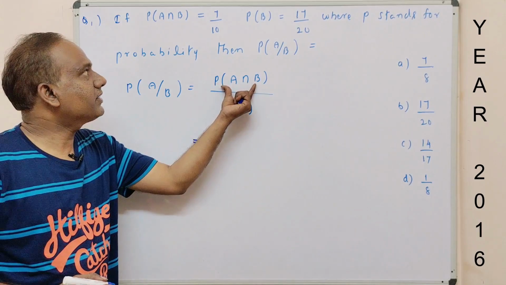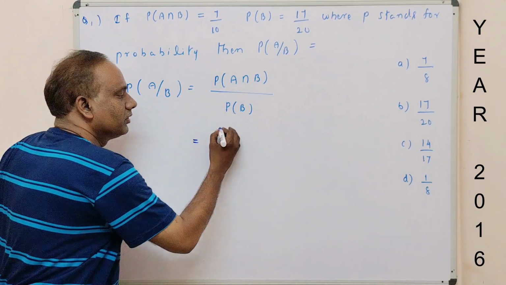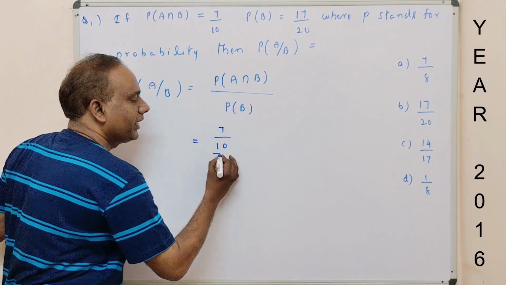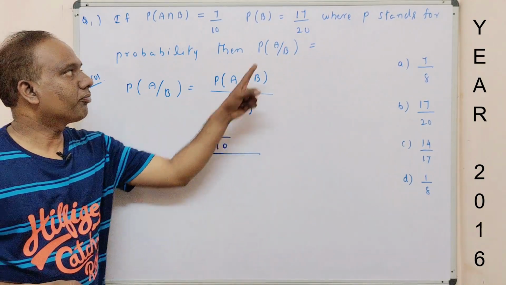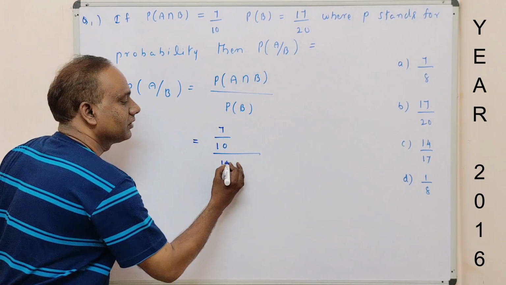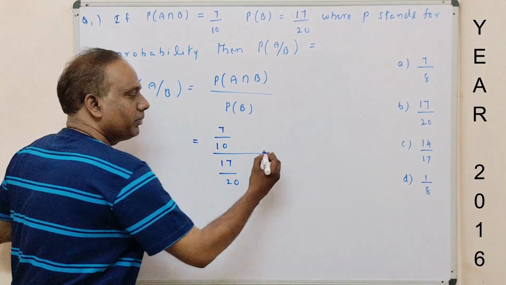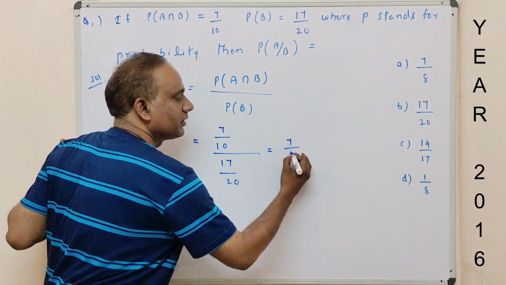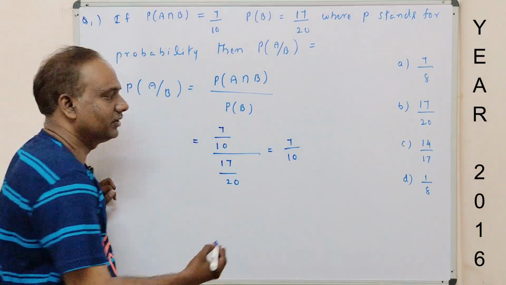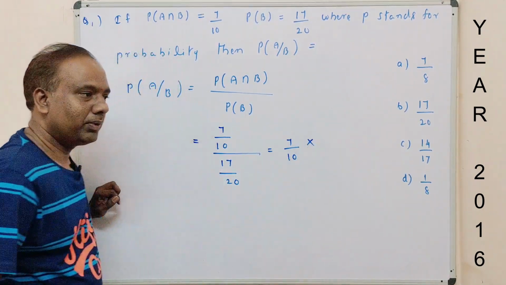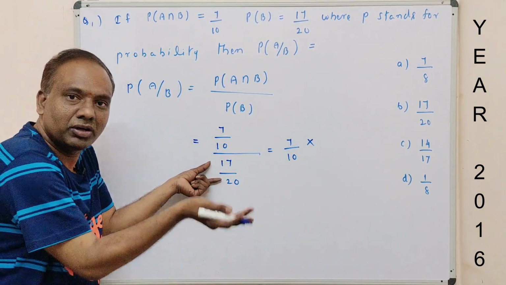So P of A intersection B is 7 by 10, divided by P of B. P of B is 17 by 20. So it can be written as 7 by 10. If you write the multiplication, this fraction will be reversed.